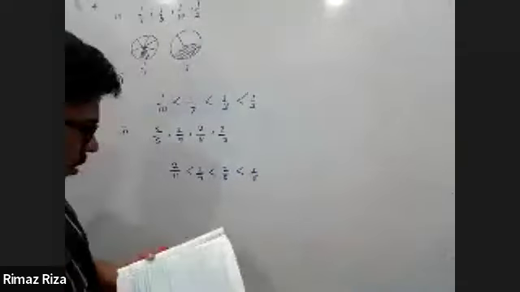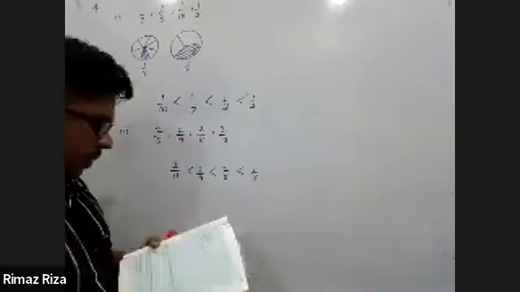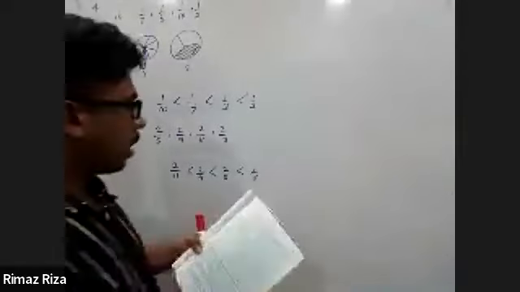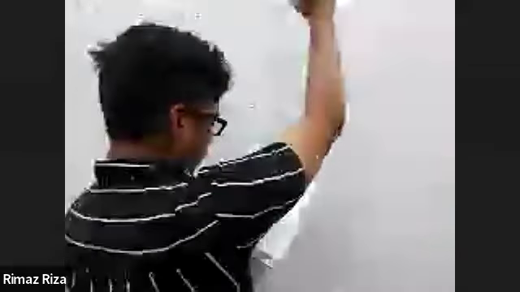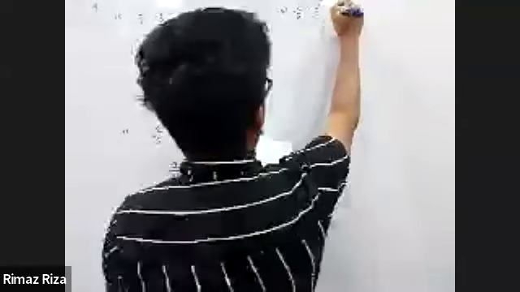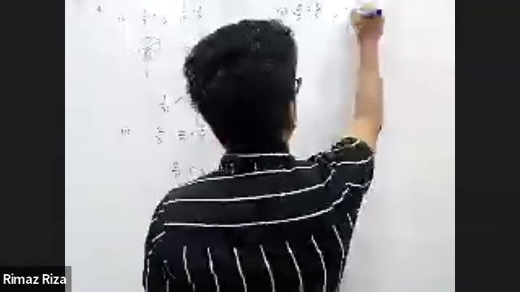Okay. Now the first one and second one are straightforward. By looking at these values, we can say which is small and which is greater. But in Roman number 3, not like that. You have different values in the numerator and denominator: 2 over 3, 5 over 6, 1 over 2, 3 over 4.